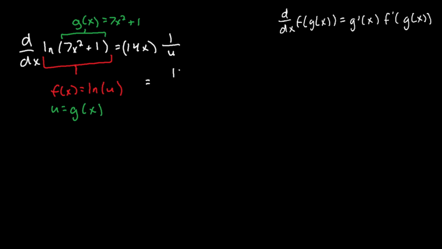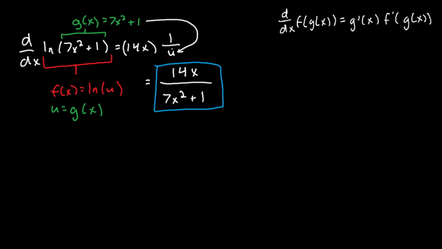So we have 14x over 7x squared plus 1. And this right here is our answer. So what I did was just simply replace u with g of x. So I just put the g of x on the bottom portion of this fraction and then multiplied 14x at the top into the top of the fraction.